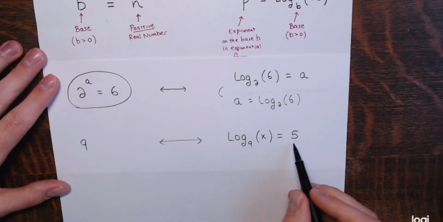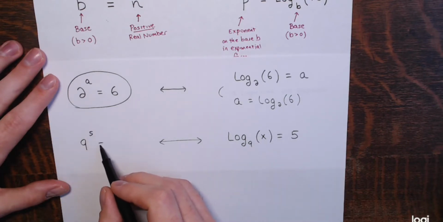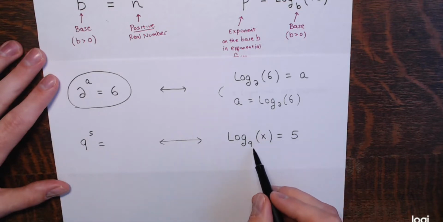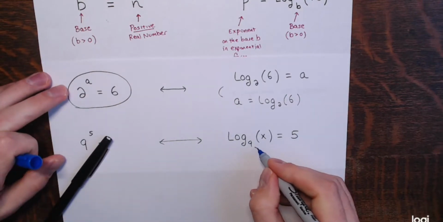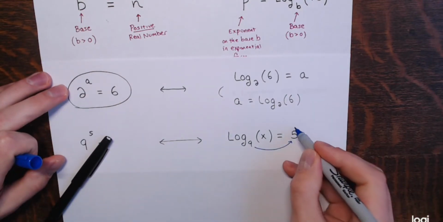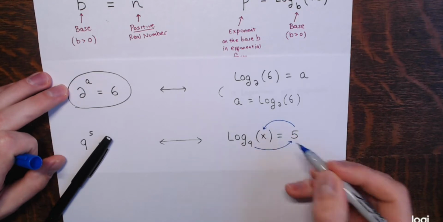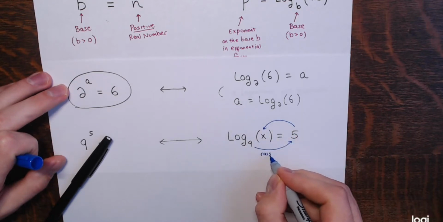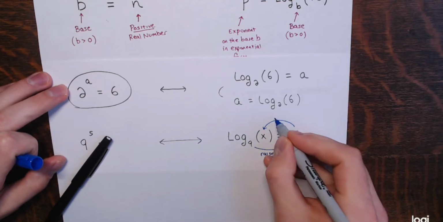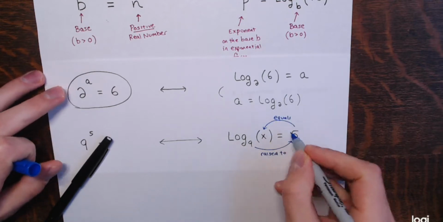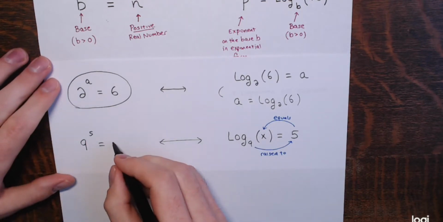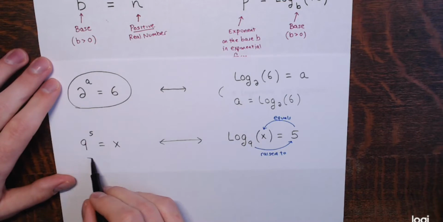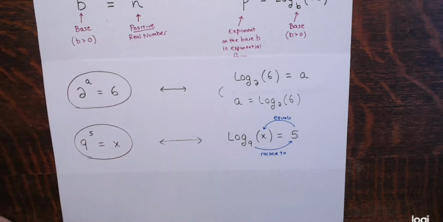So 9 to the 5th power equals the argument. And you might see some books where they write this out. They do a little loop, like 9 raised to the 5th power equals the argument. That's a quick way to think about how to change from logarithmic form to exponential form. So x equals 9 to the 5th power, and that would be the solution of this equation.